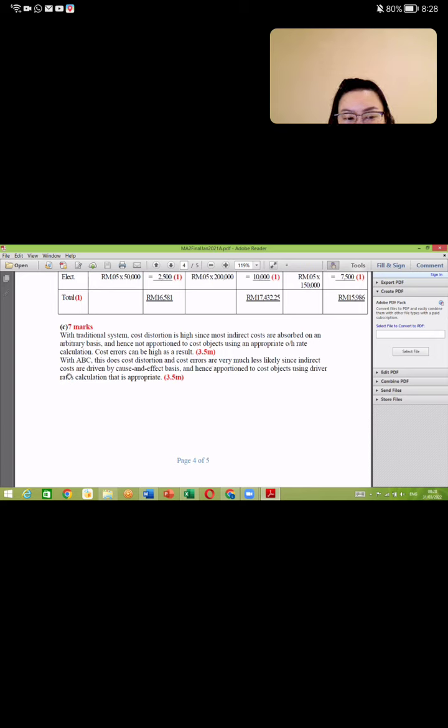When you use your cost driver, it is appropriate: for volume-based overhead cost you use a volume-based cost driver, and for non-volume-based overhead cost you use a non-volume cost driver. That's why when you apportion, allocate or assign overhead cost to your cost object, it is more accurate compared with the traditional.